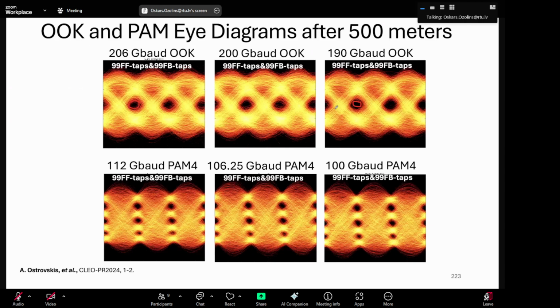So this is not quantitative but qualitative evaluation of signal quality. And for PAM4, you have multiple eyes, and the eye opening is much smaller.